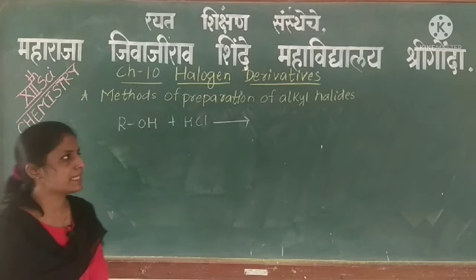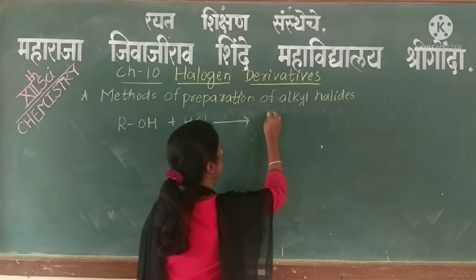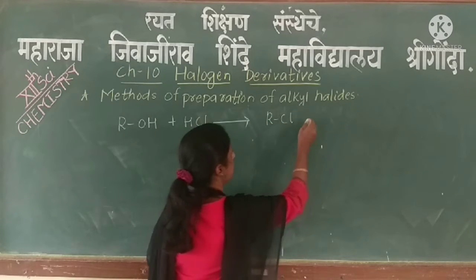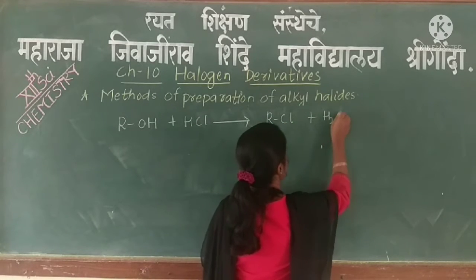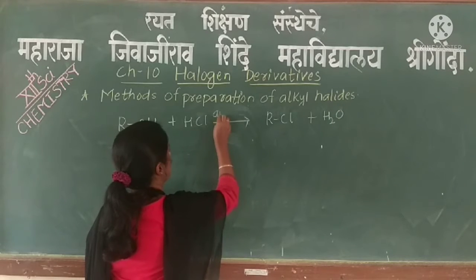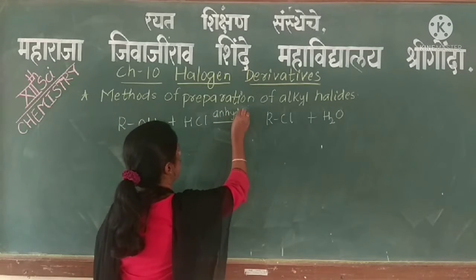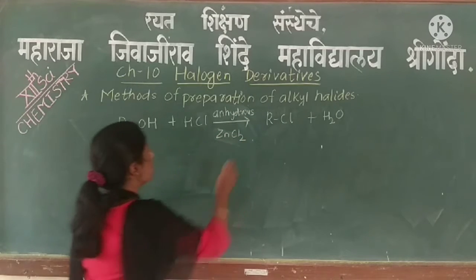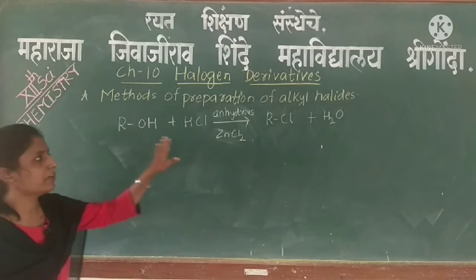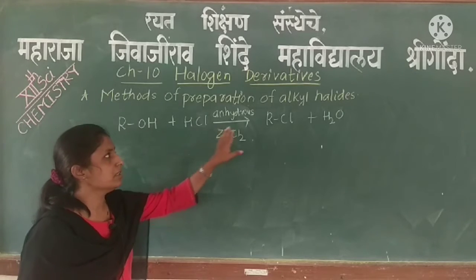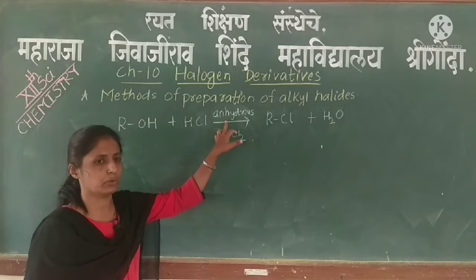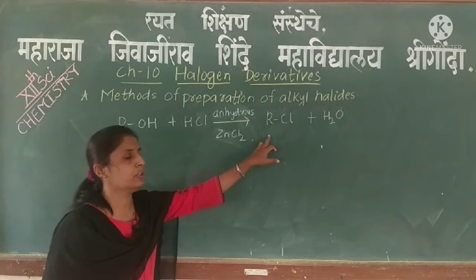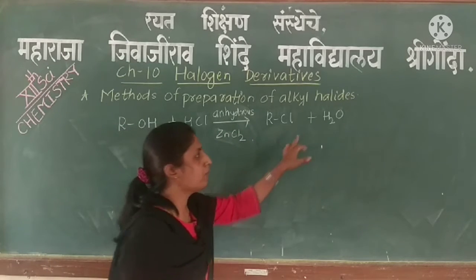What you will get is alkyl chloride plus water, in the presence of anhydrous ZnCl2. So alcohols react with hydrochloric acid in presence of ZnCl2. It should be anhydrous. Then you get alkyl chloride and water.